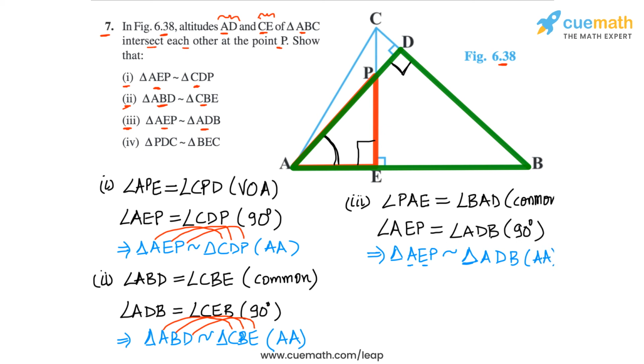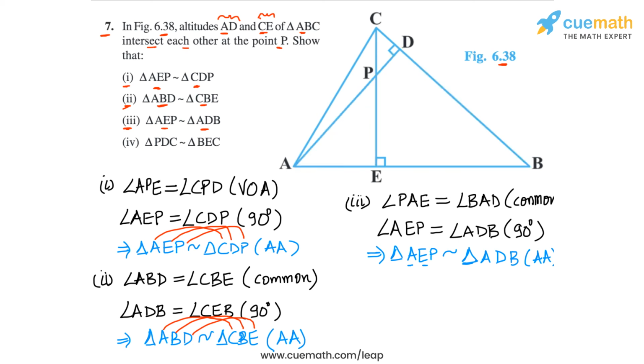So this completes part 3, and now we come to part 4, in which we have to prove that triangle PDC, which is this triangle that I've highlighted, is similar to triangle BEC, which is this triangle here. So in these two triangles, we see that this angle at C is common to both the triangles, and then this angle PDC is 90 degrees, and BEC is also 90 degrees.